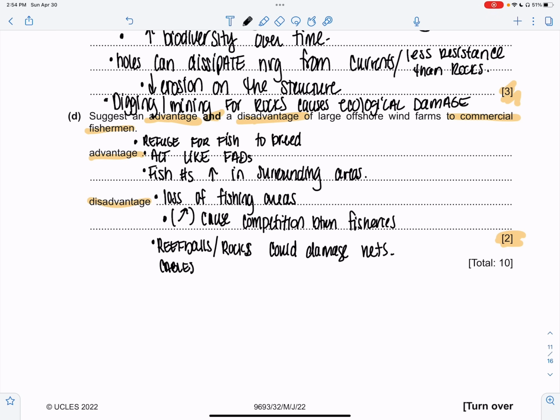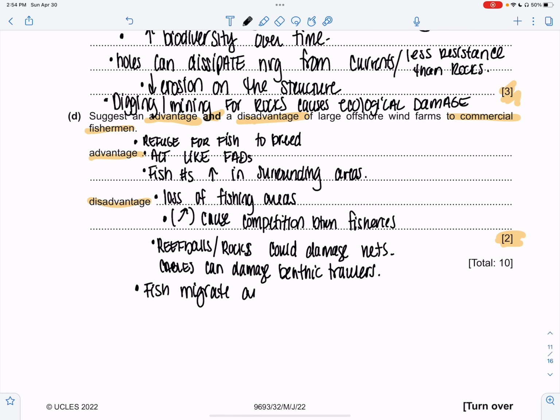How about damage to their equipment? Cables can damage benthic trawlers. Fish migrate away from vibrations from the entire machinery or from the construction of it. So we have two sides of that.